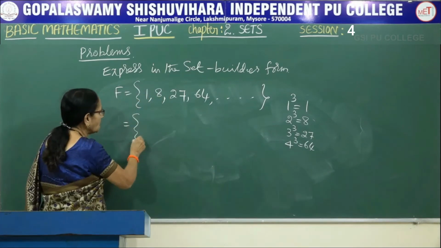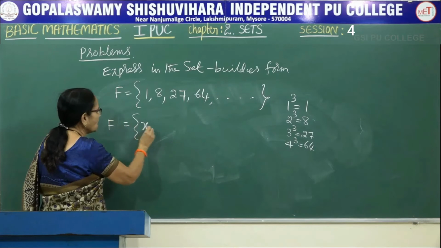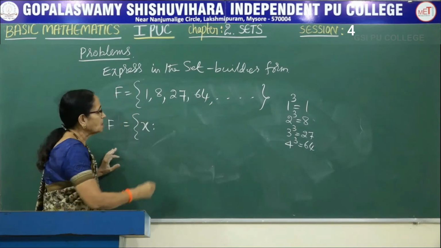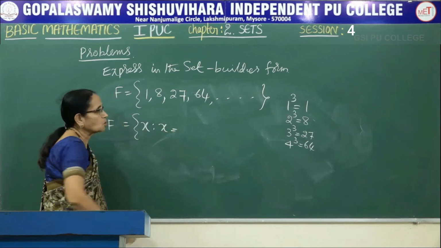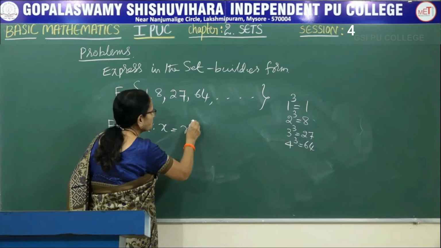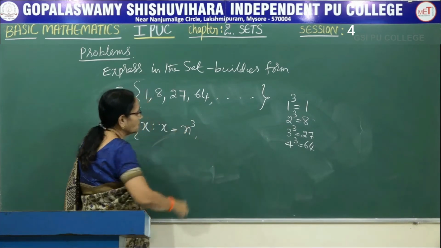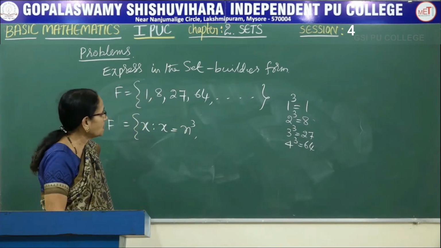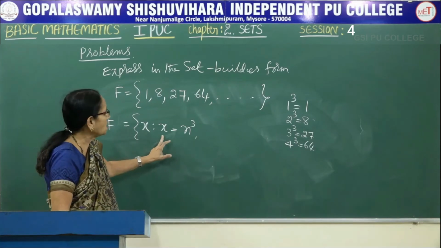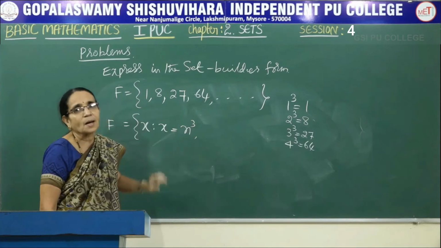Now here, that means it contains all x such that x is equal to n cube. See, in the previous one, we had considered the perfect squares. So how I had written x is equal to n square, I had written.